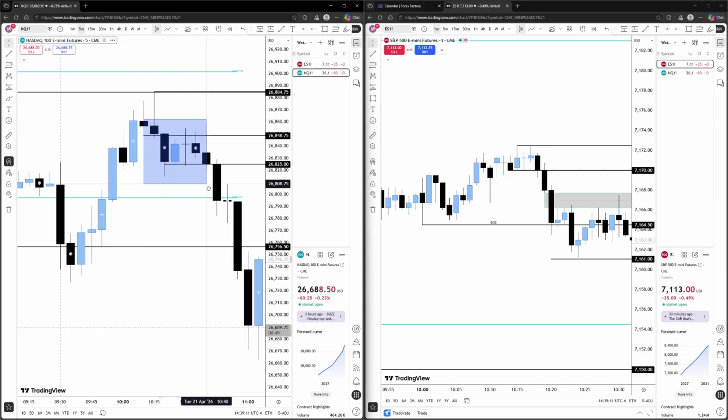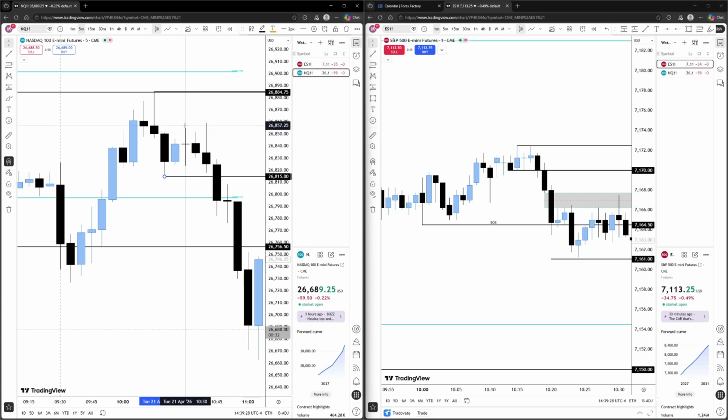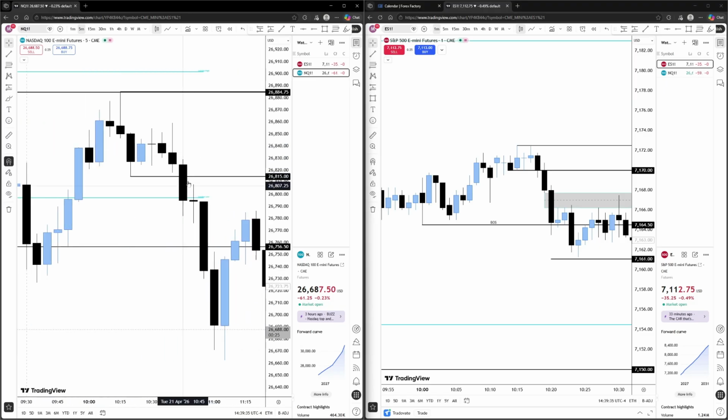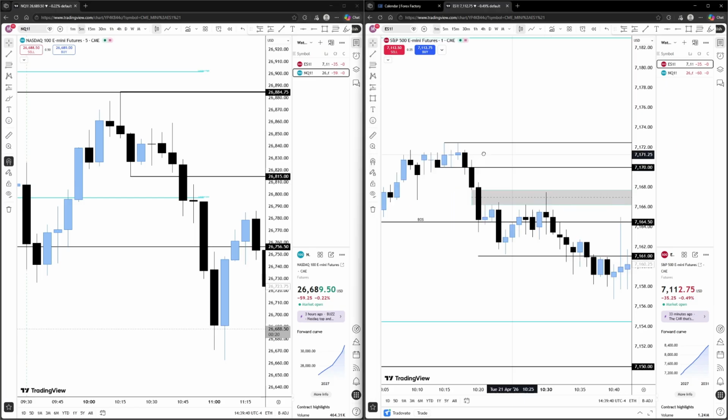once NQ had a break of structure, once NQ had the break of structure, 10:45.